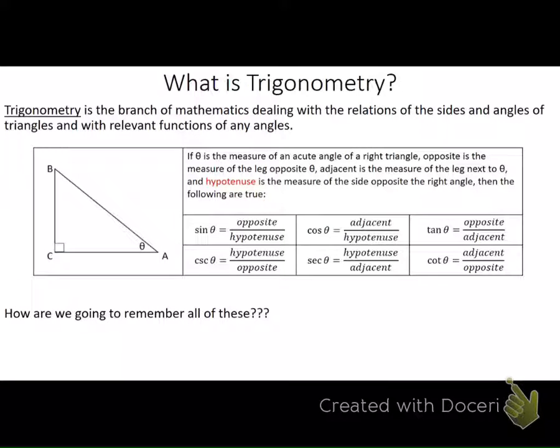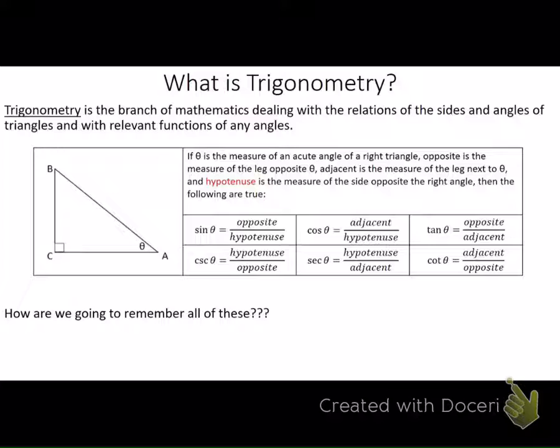Okay, so what is trigonometry? Trigonometry is the branch of mathematics dealing with the relations of the sides and angles of triangles and with relevant functions of any angles. So, theta, this is theta, it's a Greek symbol. If theta is the measure of an acute angle of a right triangle, opposite is the measure of the leg opposite theta.